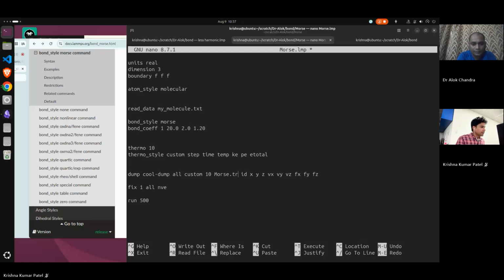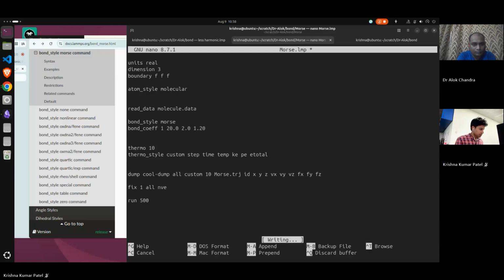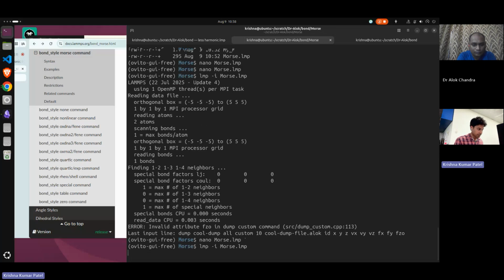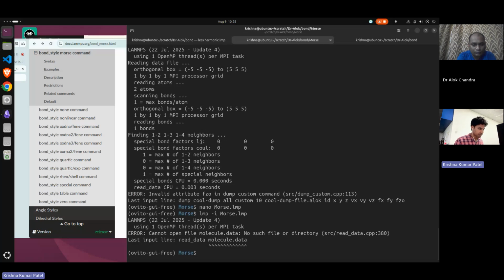And also let's start following the right conventions. Instead of my molecule, I'm just going to call it molecule.data. So that's a data structure file.